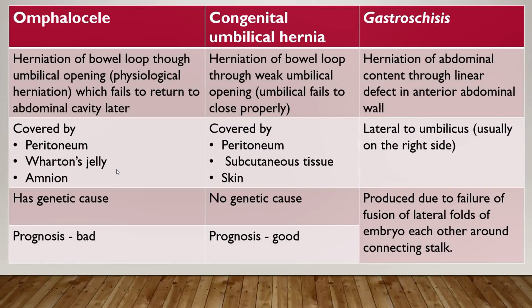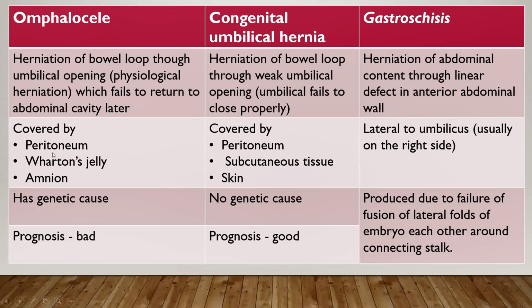Now if you want to see the difference between the three conditions. First one is omphalocele or exomphalos, then there is congenital umbilical hernia, then there is gastroschisis. Omphalocele, as I have already explained, is herniation of the bowel loop through umbilical opening at the time of physiological herniation, and that failed to return to abdominal cavity later when it should have returned.